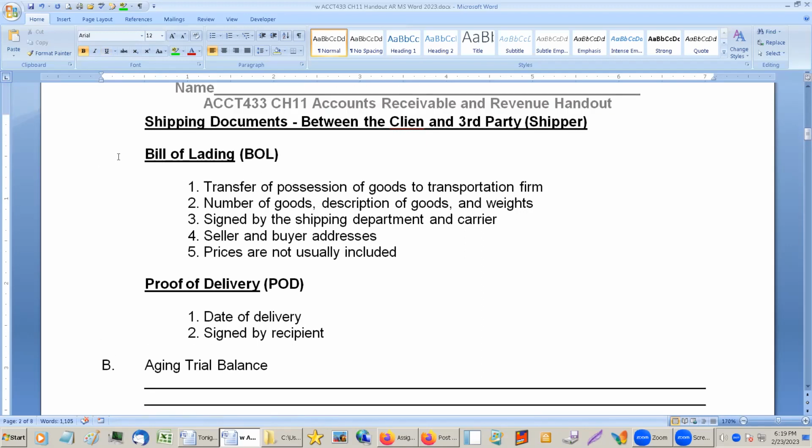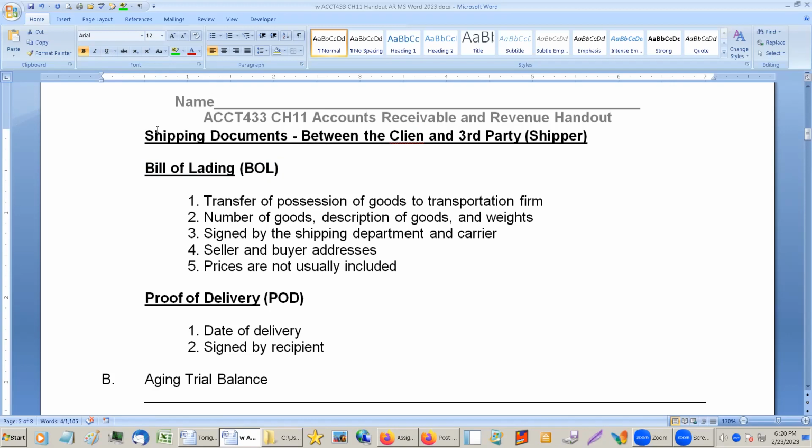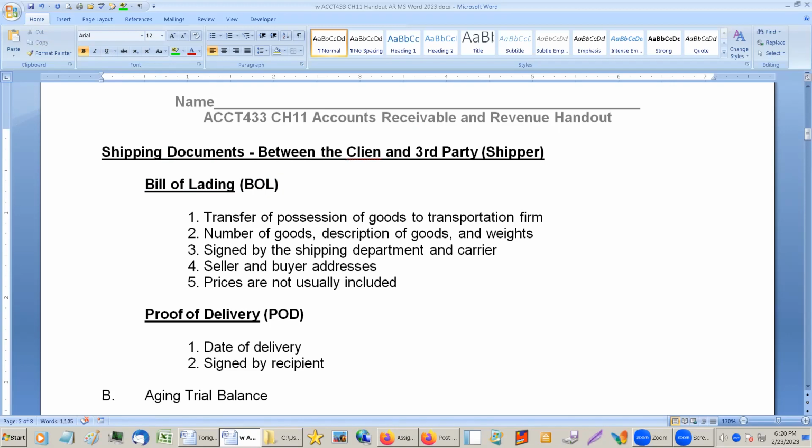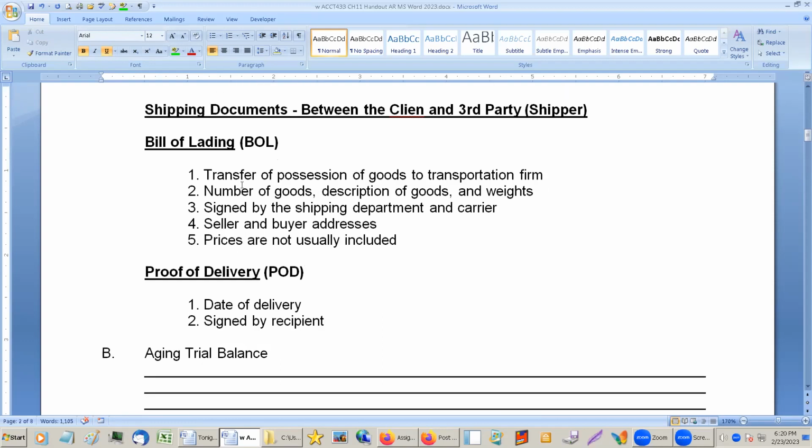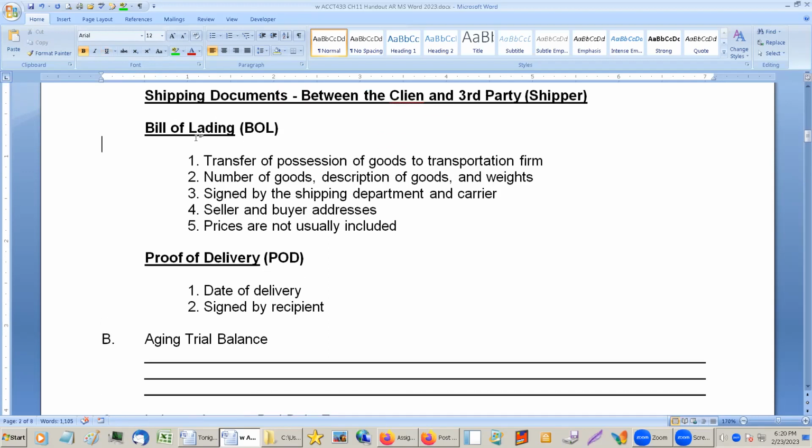All right, the bill of lading. Bill of lading has been around for a million years. Okay, maybe not that long, but a long time. You can find bills of lading going back hundreds of years. What a bill of lading is, when someone picks up your stuff, you are transferring possession of the goods to the transportation firm.